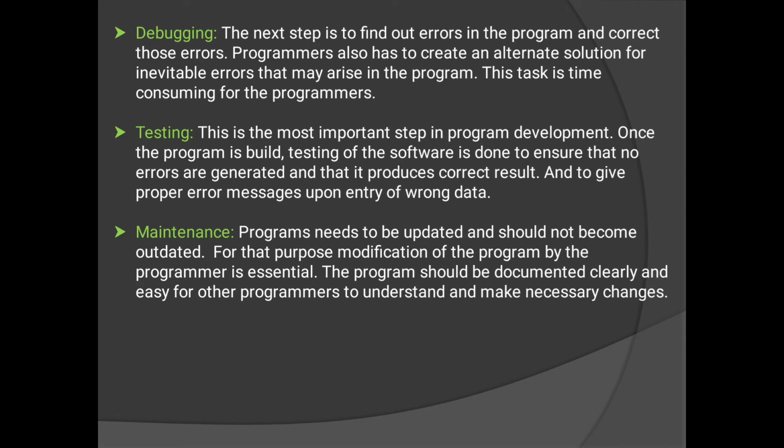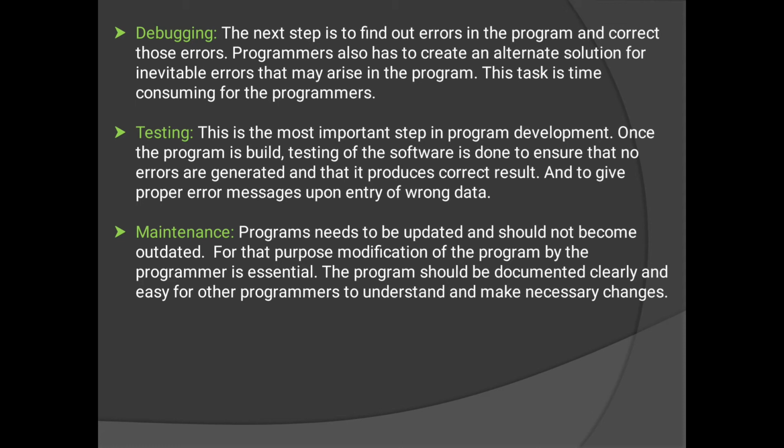Okay? So programmers have to create an alternate solution for inevitable errors that may also arise in the program. So now after the coding has been done, they will start debugging. That means try to trace out the errors that are there in the program. Since programmers are also humans, they are prone to make mistakes, right?